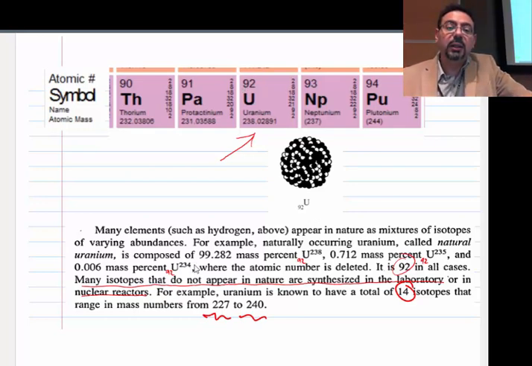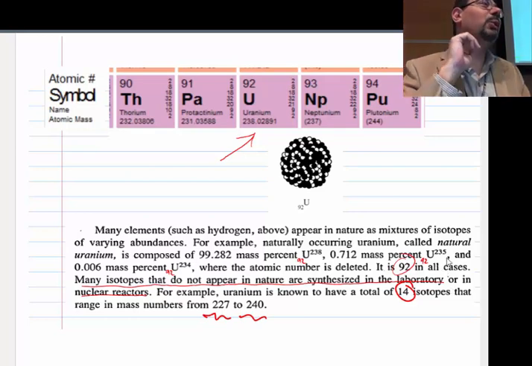Now, the majority of uranium in the world, 99% of the uranium in the world, is 238. Only 0.7% is 235. Okay? Now, this is really unfortunate, because guess which one we need for our nuclear reactor? We need the 235.